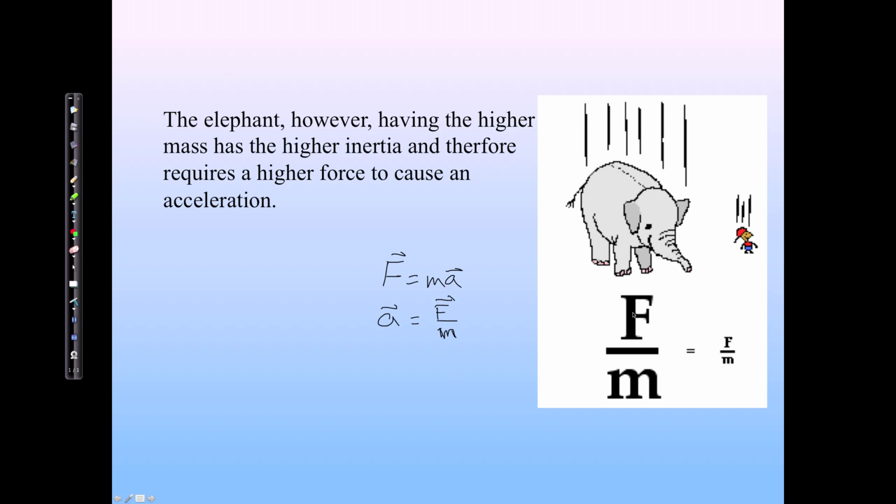And in the case of the elephant, this large force is offset by the fact that its mass is greater. For the mouse, there's a smaller force due to gravity acting on it. However, its mass is also smaller, and when you take both factors into account, you'll see that the acceleration in either case is the same.